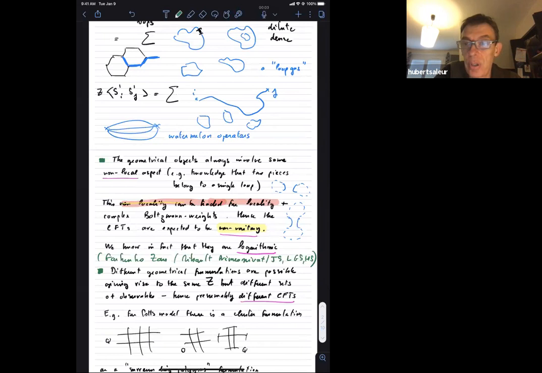I insist on generically because when we are non-generic, and what this means I'll explain later, then the logarithmic structure is considerably more complicated.